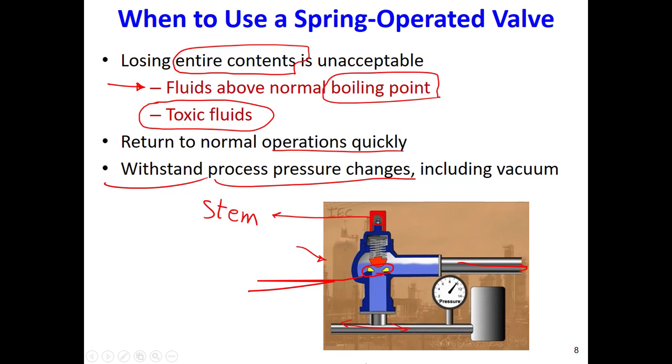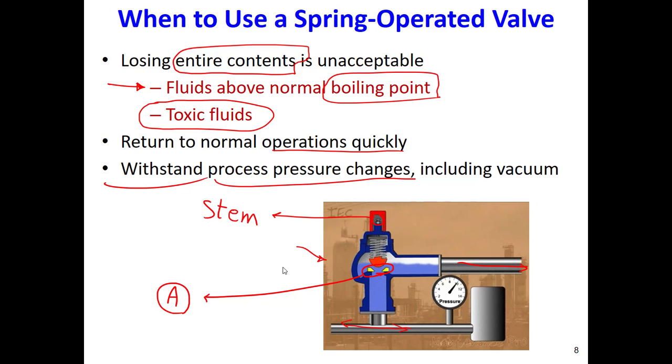When we are talking about sizing the relief system or relief valve, one of the main important parameters is this area, the area of that orifice or the relieving area. It depends on the capacity, the maximum capacity of the air or the gas or liquid that is going to go through that orifice, and also some other parameters like pressure, temperature, density, and some other operating parameters.